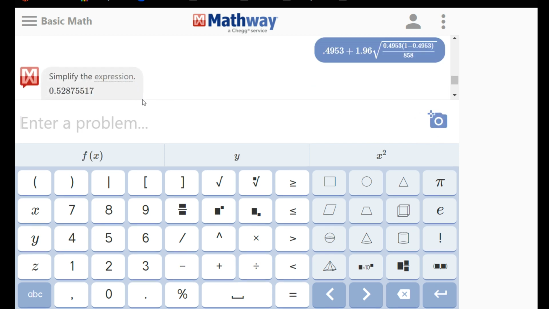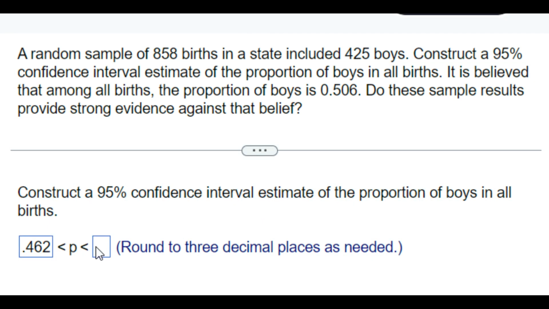And I'm getting 0.529 when you round it. So heading back over to the problem, 0.529. All right, so those are the limits of my confidence interval. Now I could hit submit and we'd have it.